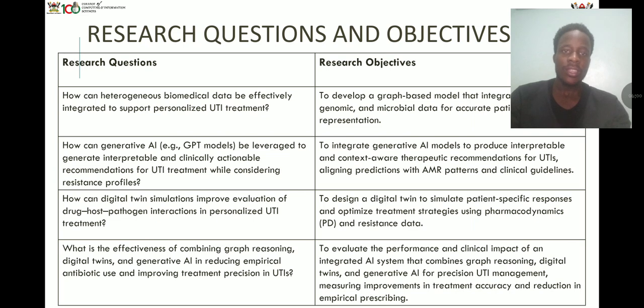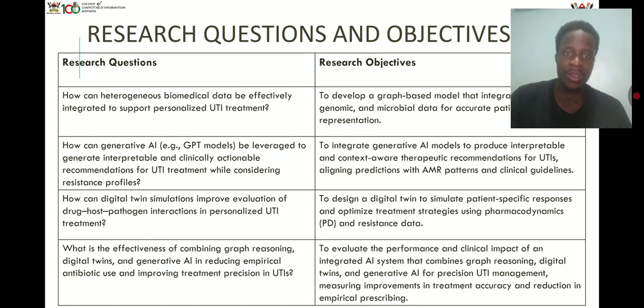The first question is, how can heterogeneous biomedical data be effectively integrated to support personalized UTI treatment? And the objective is to develop a graph-based model that integrates genomic and microbial data to create accurate patient representations.